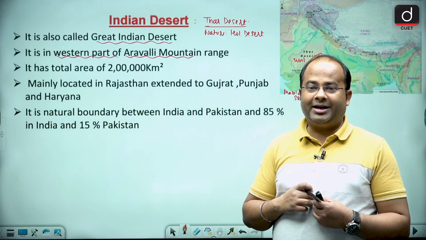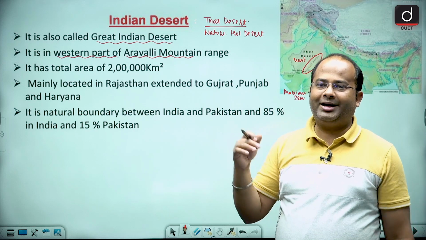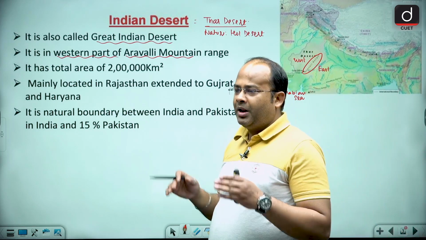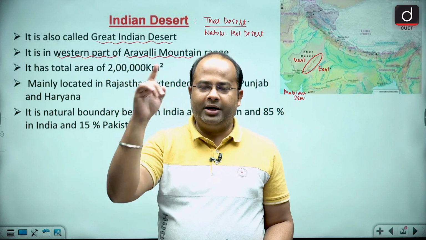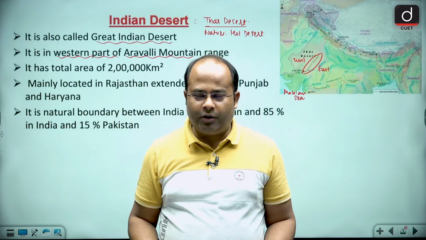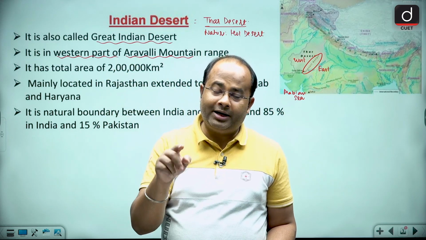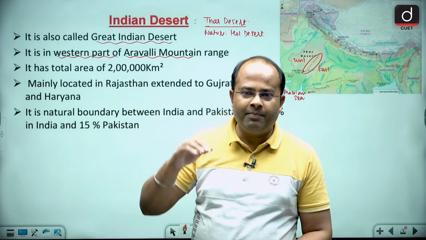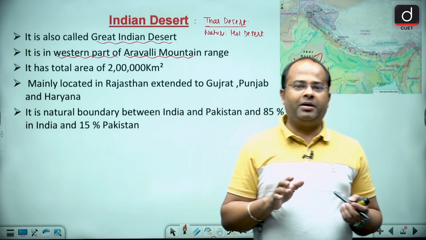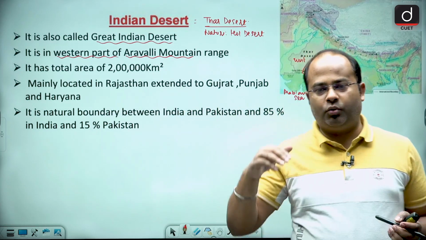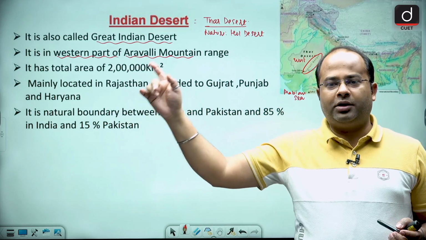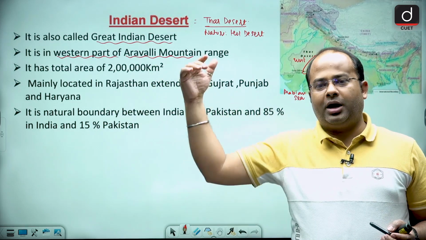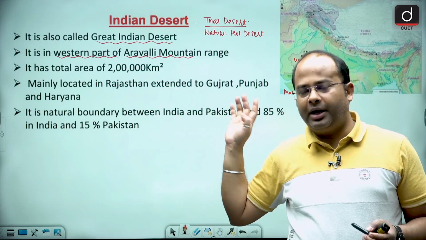The wind that carries the moisture moves upward, and due to condensation, clouds are formed, and the clouds contain water droplets. All of that is just because of the moisture-laden wind that goes upward from the Arabian Sea.